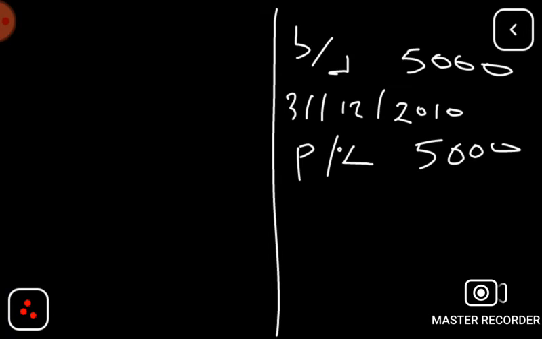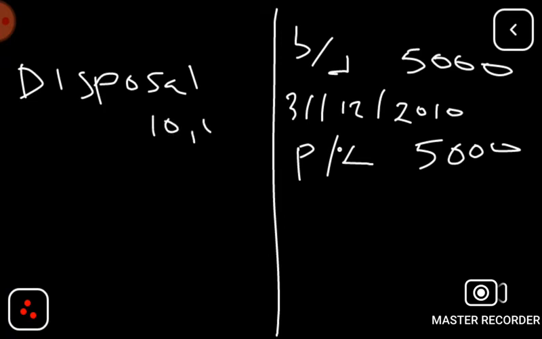But this asset was disposed in 2010. So what you have to do is write disposal here and add the 5,000 that you've depreciated in 2009 and 2010. If this asset was in the business for 5 years, add all the depreciations for 5 years and then take it on the opposite side, which is the debit side, as 10,000, or the amount that you're given according to the question.